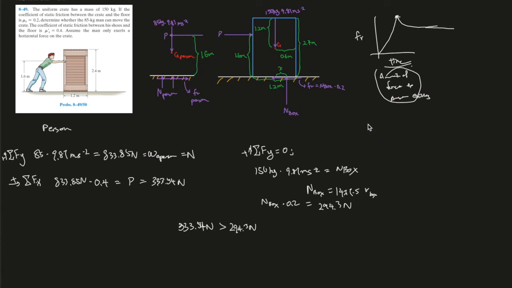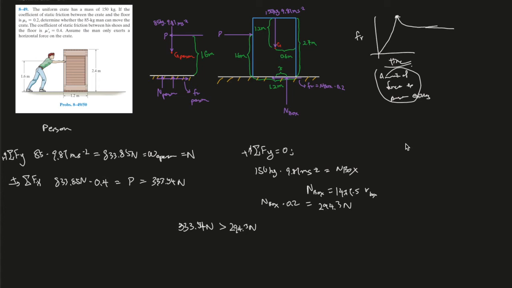So to do that, we can use moments, right? Because tipping over is a rotational kind of movement. So we can take moments about this area over here, right? It cancels this friction force, and it cancels the normal force over here, right? We can just count right in the middle.